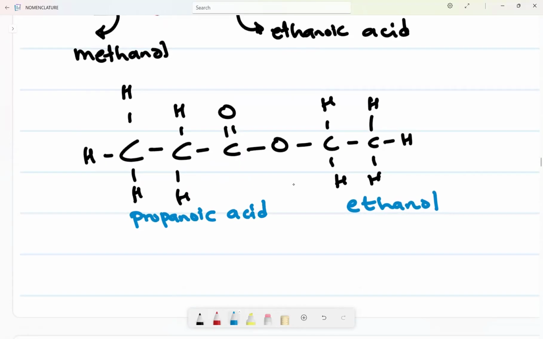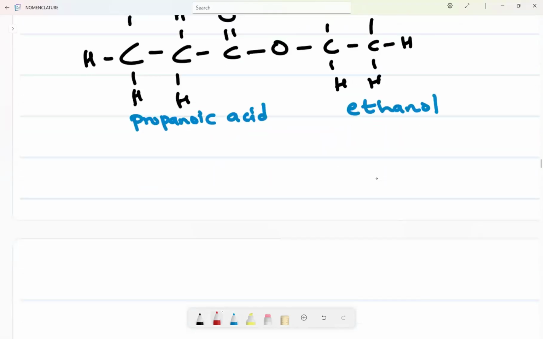So, okay, when I mix and want to get a full name of an ester, I need to combine ethanol as well as propanoic acid. How? I'm going to say the first one that is going to start it is alcohol, and it will have a suffix of -yl. So it's going to be ethyl propanoate, like that.